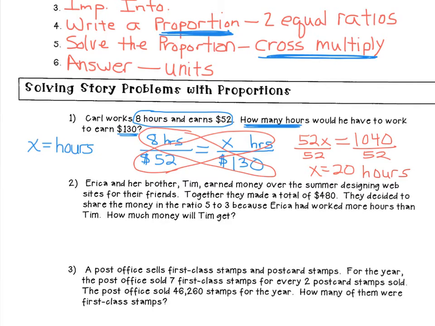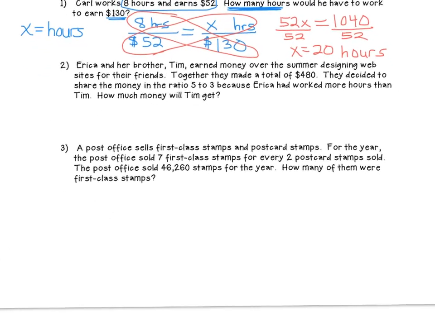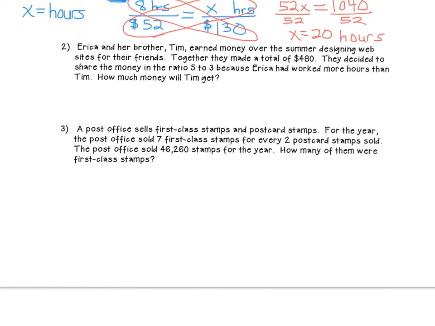All right, let's try number 3. A post office sells first-class stamps and postcard stamps. All right, so there's 2 different kinds of stamps, first-class stamps and postcard stamps. For the year, the post office sold 7 first-class stamps for every 2 postcard stamps.